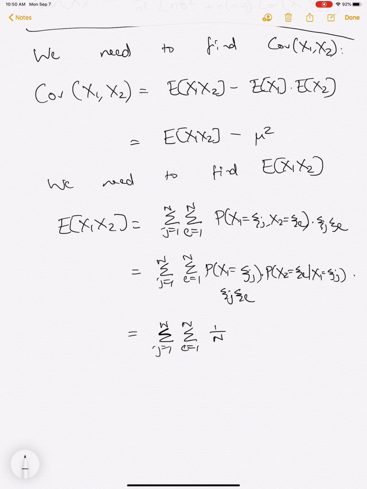And then the probability that X2 equals Cl, since you've removed one of the samples, there are the other n minus 1 left. So this is going to be 1 over n minus 1.